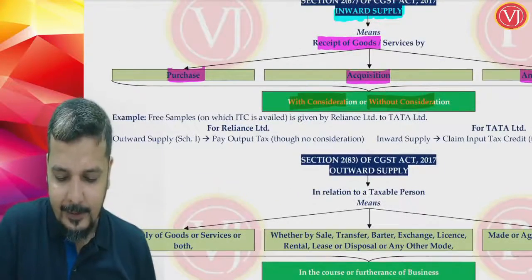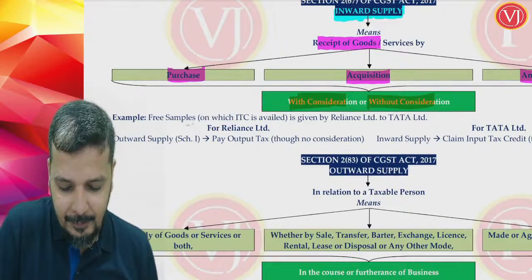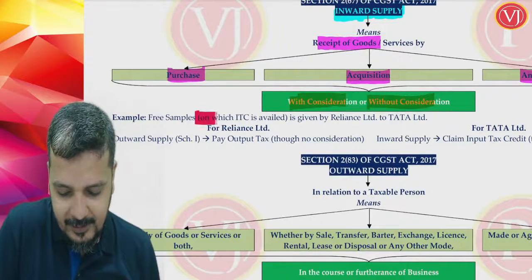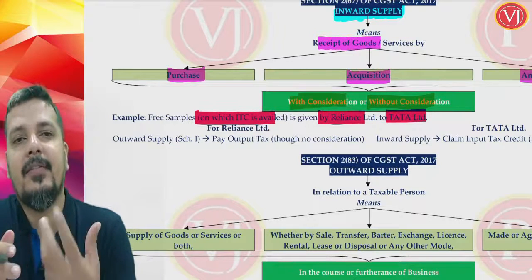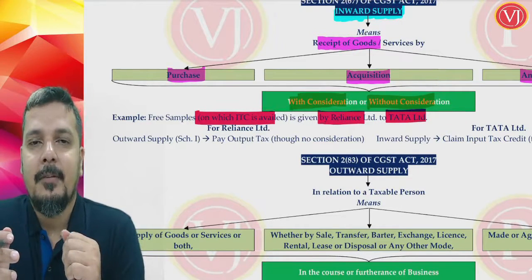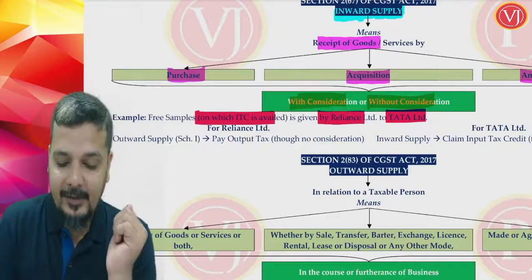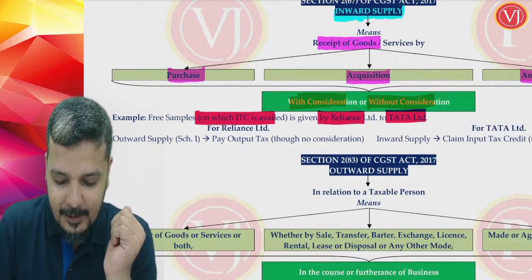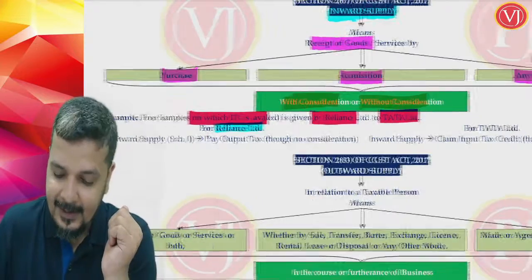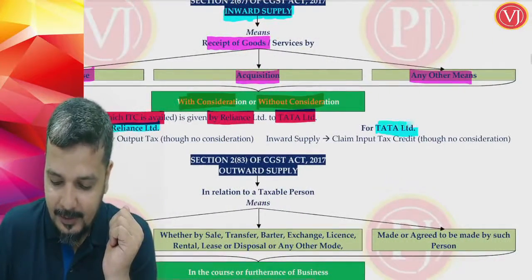Suppose there are free samples on which ITC is availed, given by Reliance Limited to Tata Limited. So Reliance Limited is giving free samples to Tata Limited. Basically, who is the supplier? Reliance Limited is the supplier, Tata Limited is the recipient.